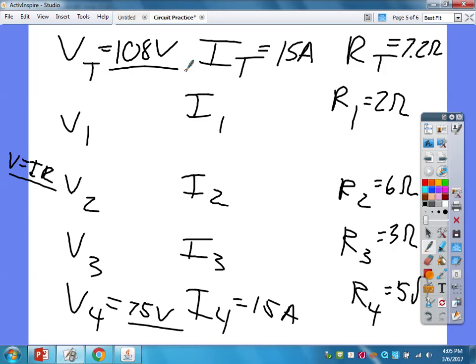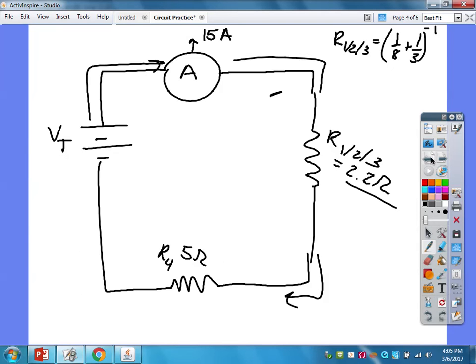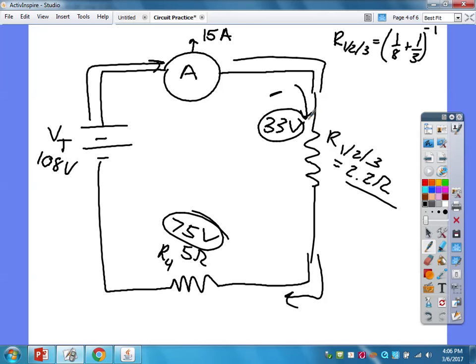Now, let's think about this. How can I figure out how much is going into that parallel component? Well, if the total voltage is 108 volts from the battery, R4 is taking 75 of those volts, how much is left to go into the parallel component? So I subtract that. 108 minus 75, there's 33 volts going into, quote unquote, 1, 2, 3.